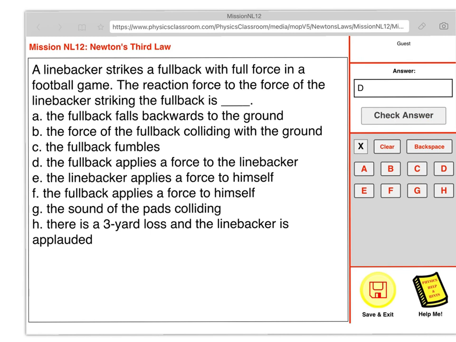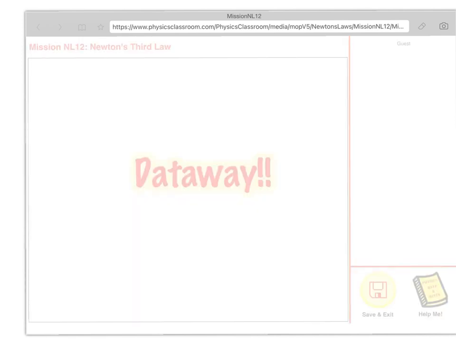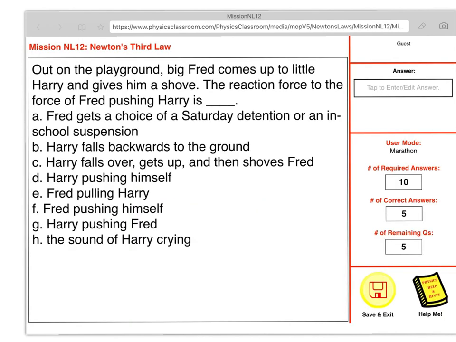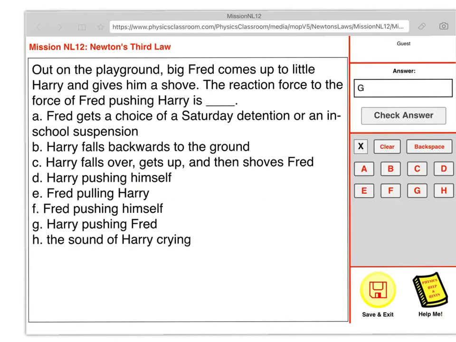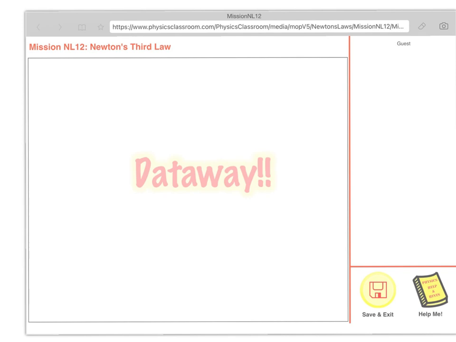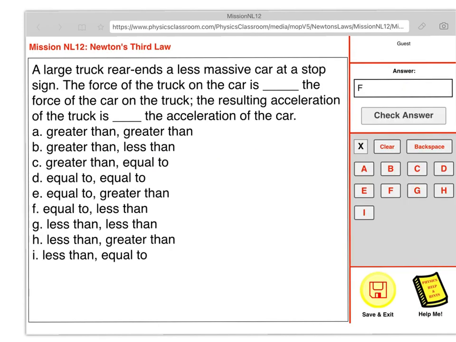The force of the fullback on the linebacker is equal and opposite, letter D. Fred pushes Harry. Harry pushes Fred. Pretty easy. As always, the forces are the same, but the more massive truck experiences less acceleration. So letter F.